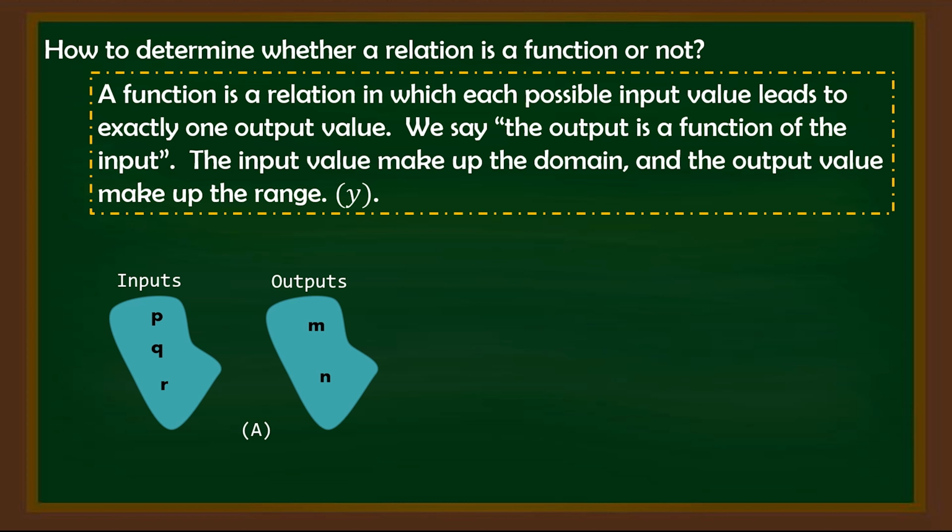If the matching of the elements looks like this, where P is associated with M, and Q and R are both associated with the same element in the output, which is N. By definition, a function is a relation in which each possible input value leads to exactly one output value. Therefore, figure A, the relation is a function.